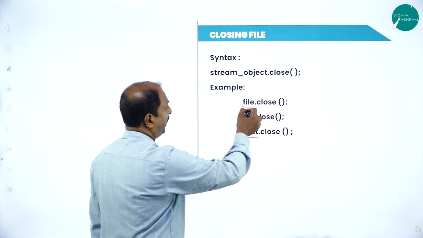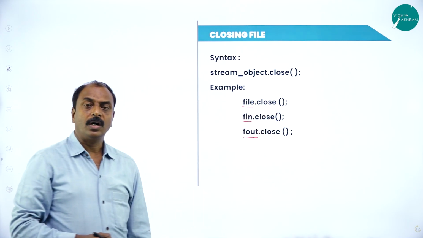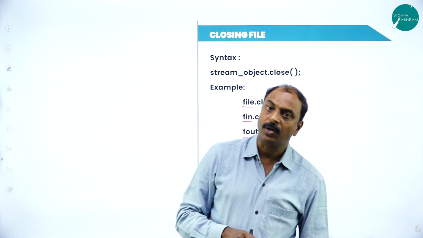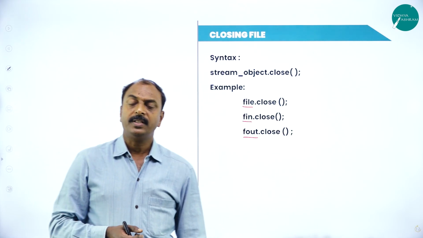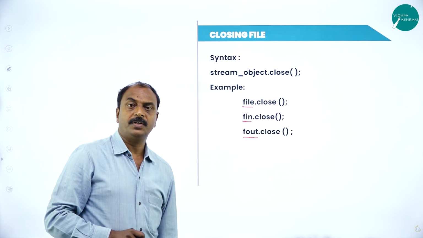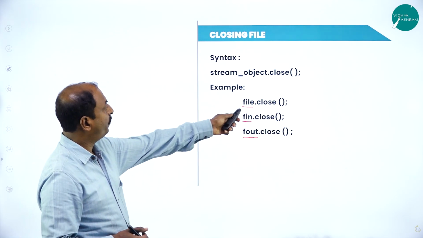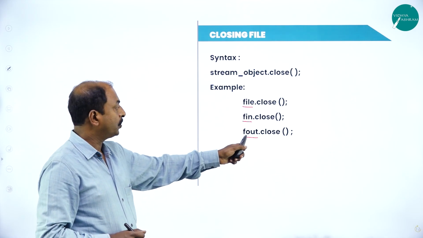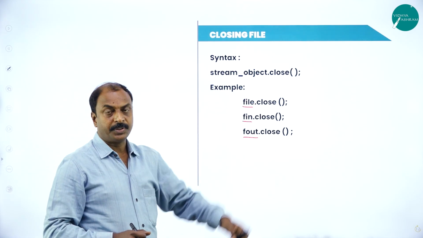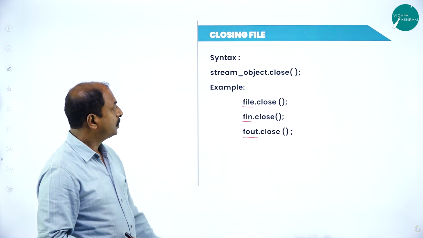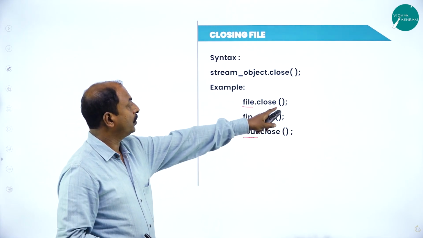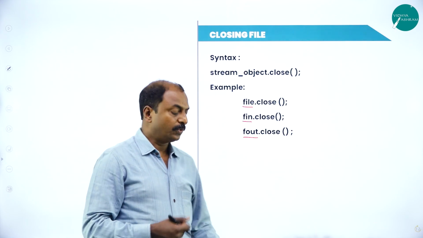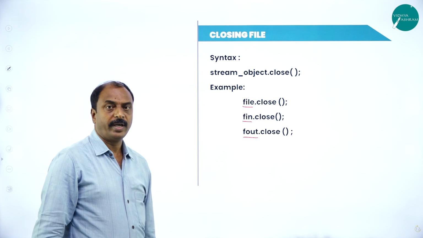Here file, fin and fout are objects created at the time of opening a file with different classes or modes. So stream object dot close closes the particular stream. This is how we close a file.